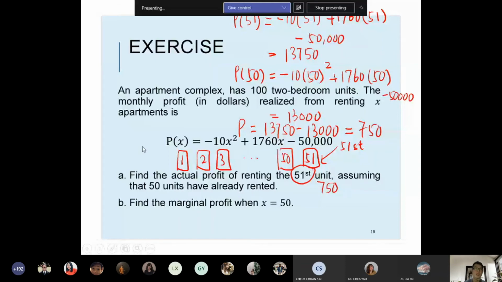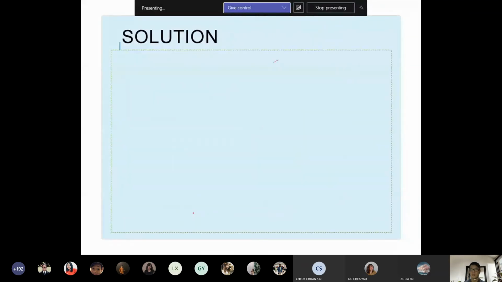Now for question B, we are going to use the differentiation method to find the marginal profit, which is the change in profit when we rent one additional apartment. To find the marginal profit, first we find P prime. We differentiate the profit function. So what do we get?